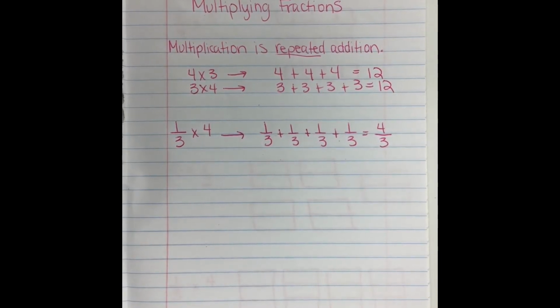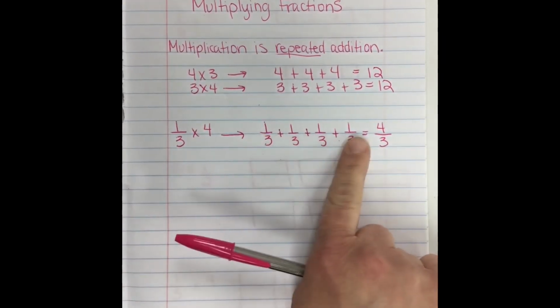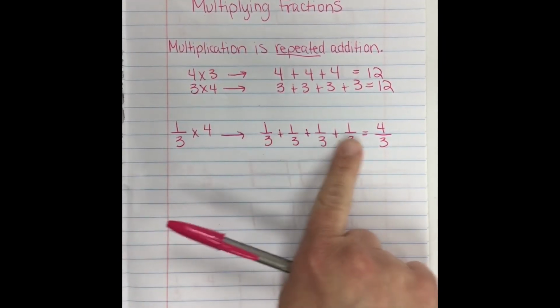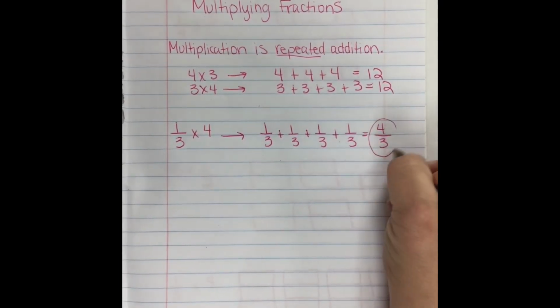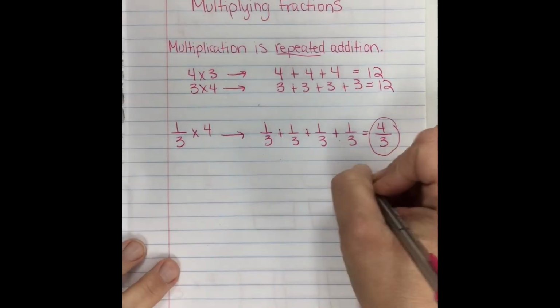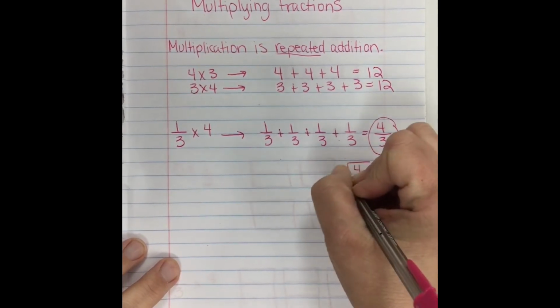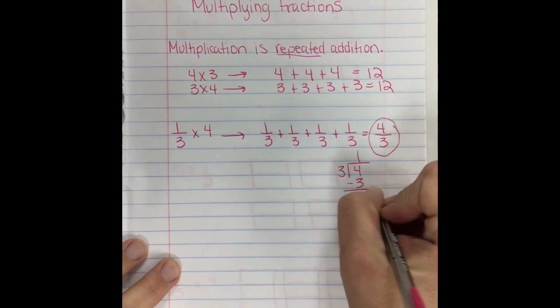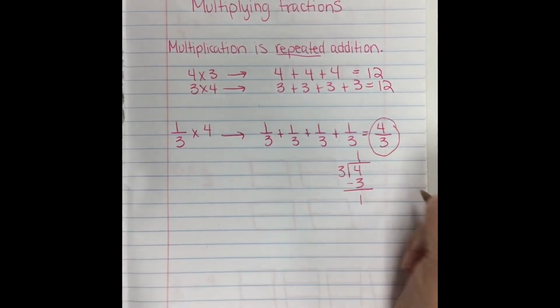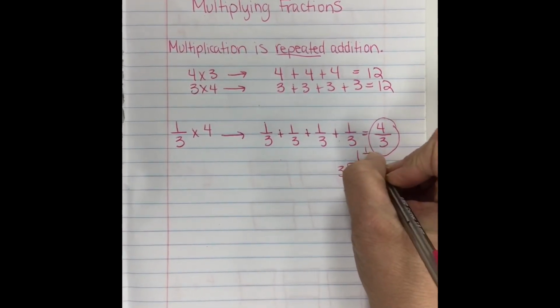That's why we learn adding and subtracting fractions before we multiply, because we have to understand that when we add the fractions, we only add like denominators. Okay? So this is an improper fraction, so then I would have to convert it. 4 divided by 3. 3 will go into 4 one time. 4 minus 3 is 1. So my answer is 1 1/3.